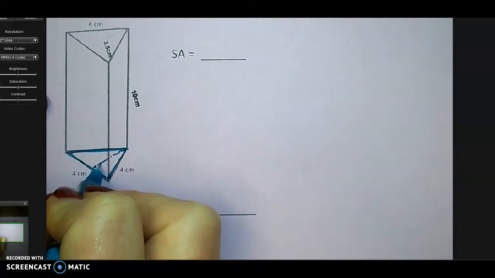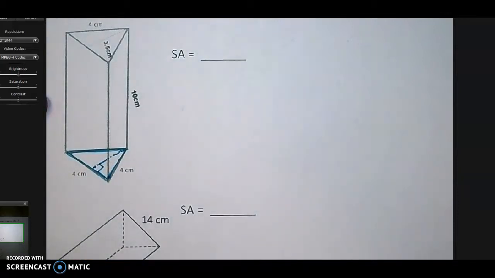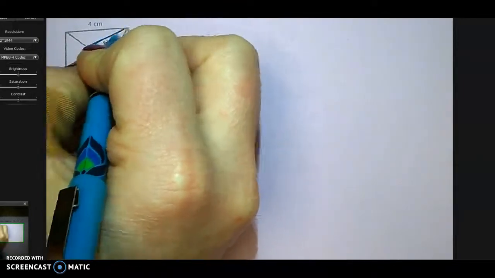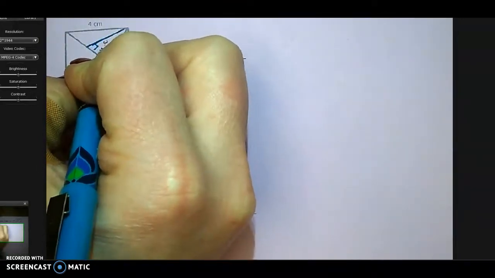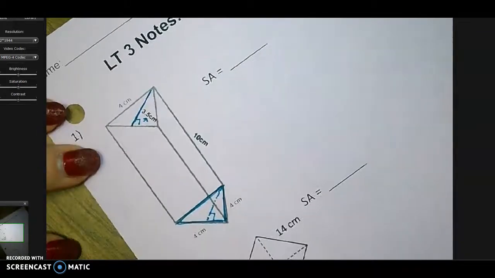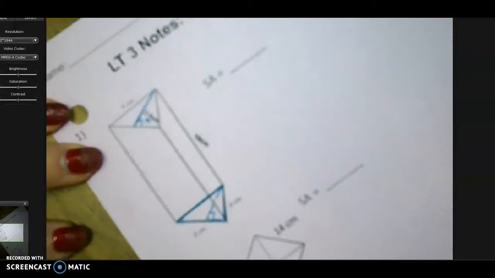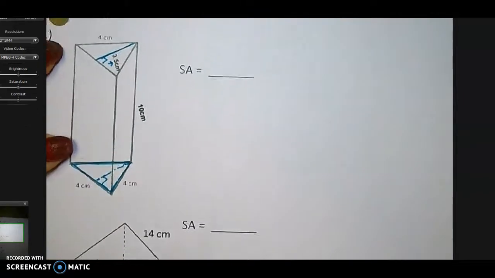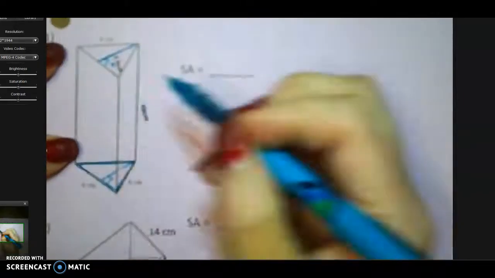It's called the altitude that drops down and hits at a 90-degree angle. And that's what they have here. That's what that dotted line is here. And that is 3.5. So that means that our height of our triangle is 3.5, but that all the sides are the same. All the sides are 4 centimeters. And we need to know those side lengths so that we can do our rectangles.